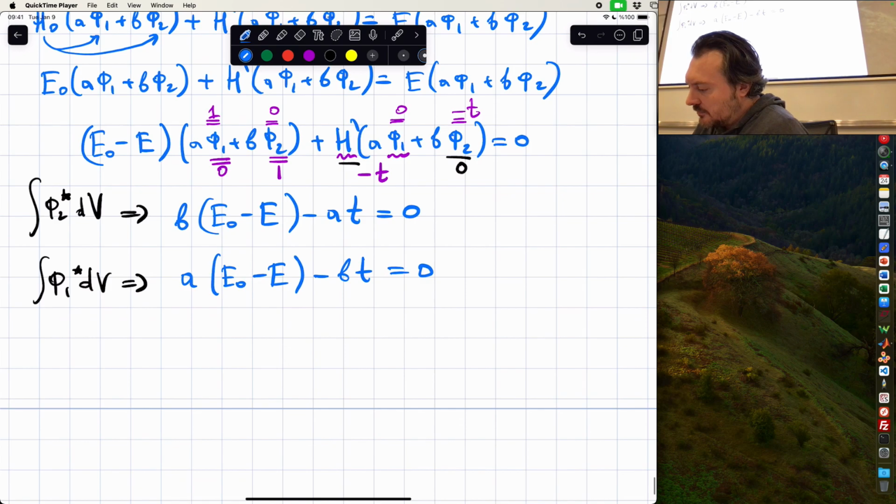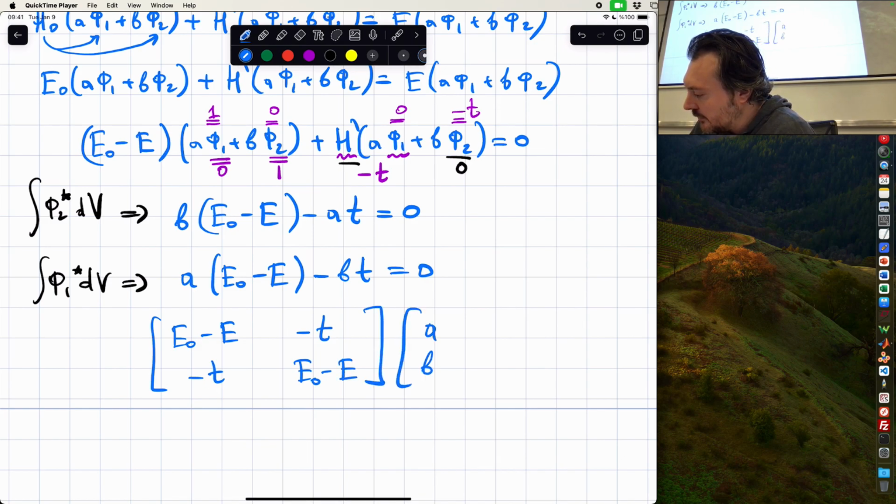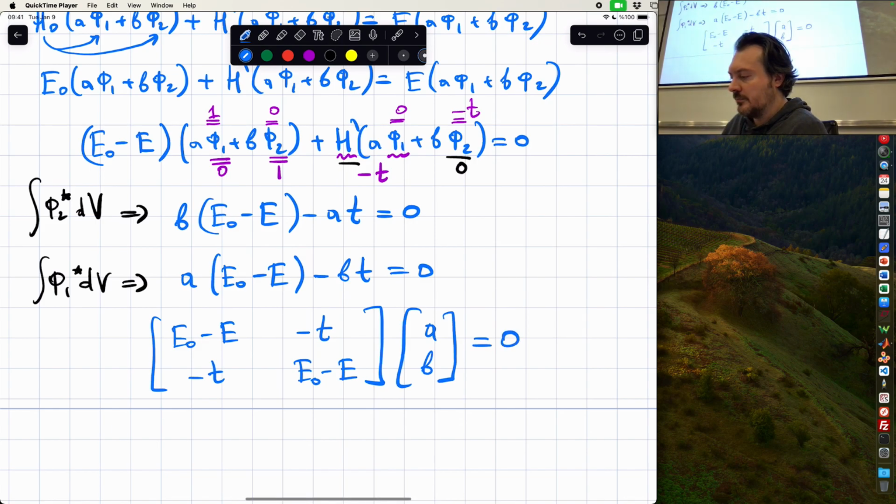So I can write this as a matrix equation, right? Look at this. E0 minus E, and then minus t, E0 minus E, times AB equals 0.